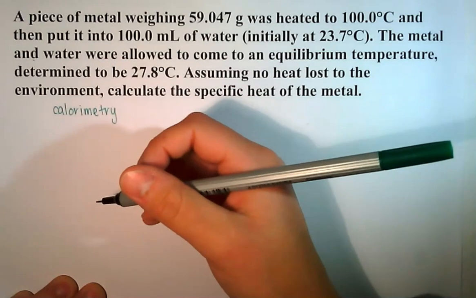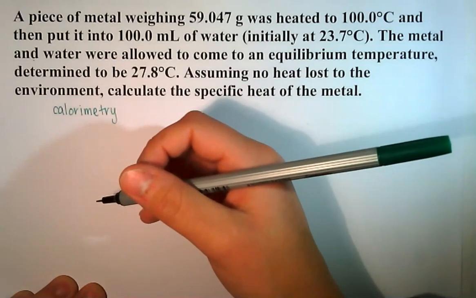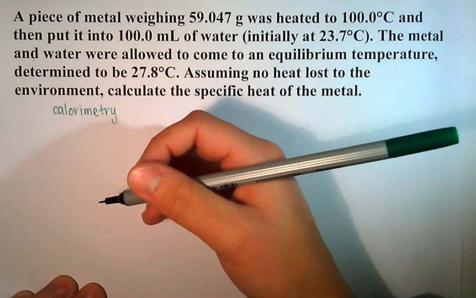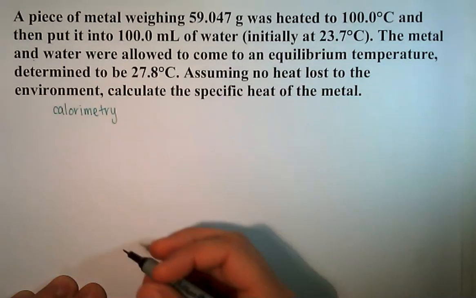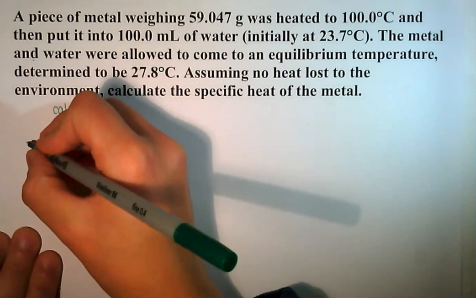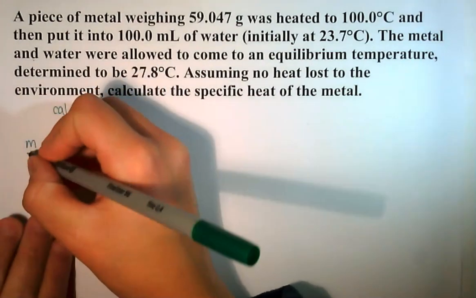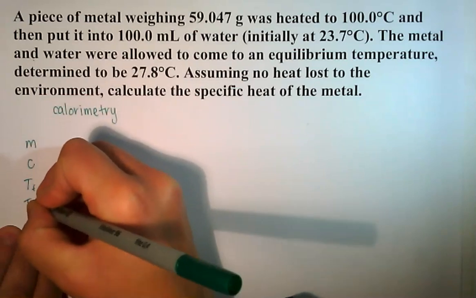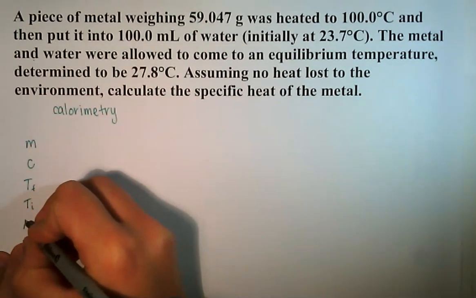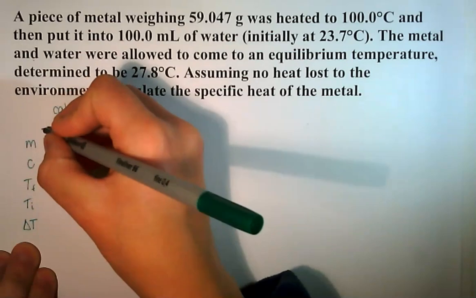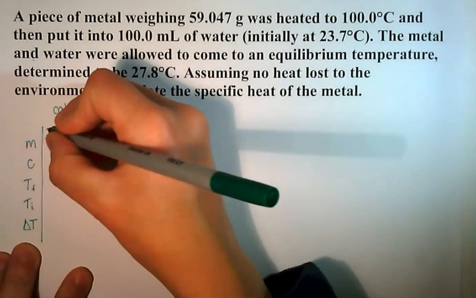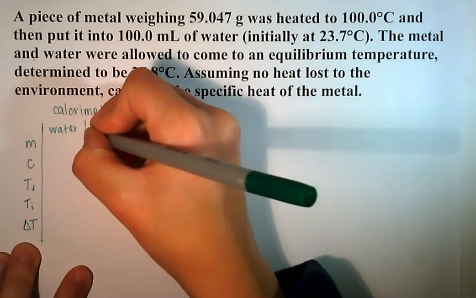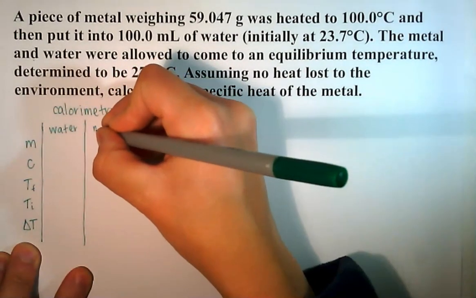So for these problems, what I like to do is make myself a little table, because we have a lot of pieces of information here and we need a way to organize them. So in my calorimetry table, I keep track of my M, my C, my T final, and my T initial, which will then allow me to calculate my delta T. And I do this for both the water and for the metal.